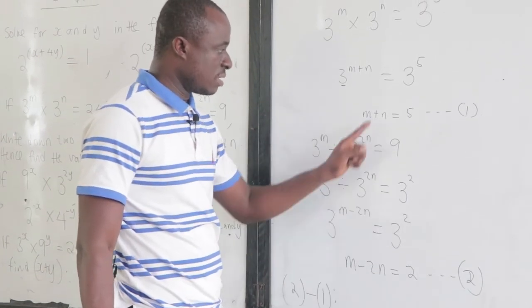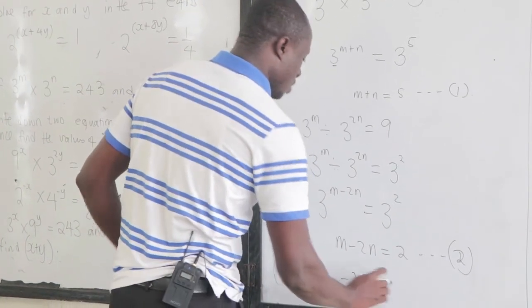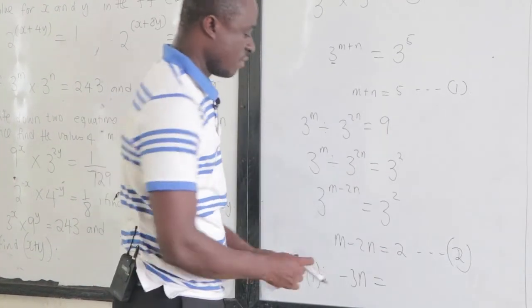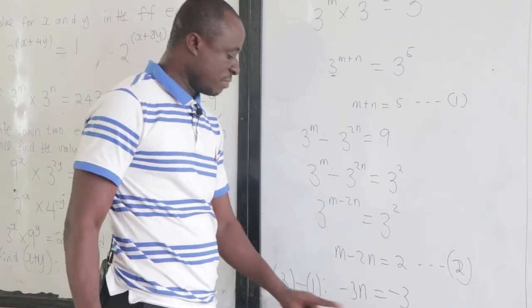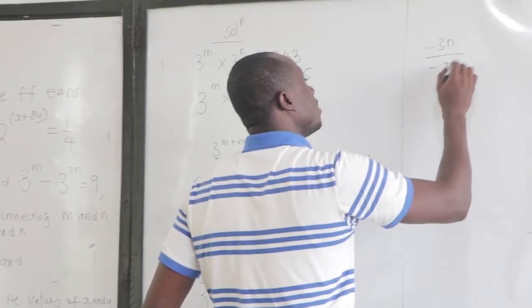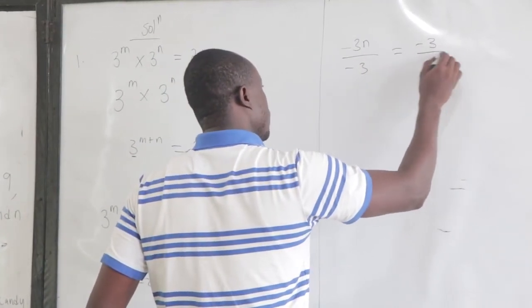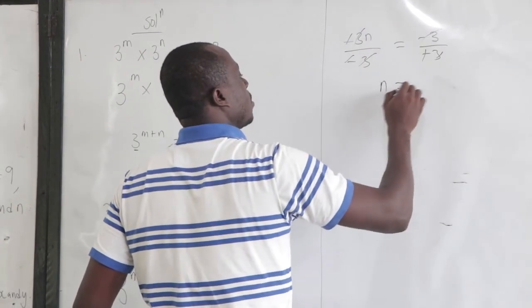Negative 2n minus n, that is negative 3n, equal to 2 minus 5, that is negative 3. We want to find n, so we divide both sides by negative 3. So you have negative 3n all over negative 3 equal to negative 3 all over negative 3. n is equal to 1.